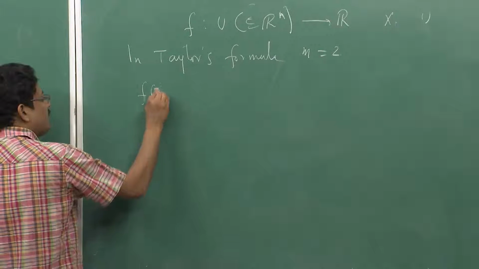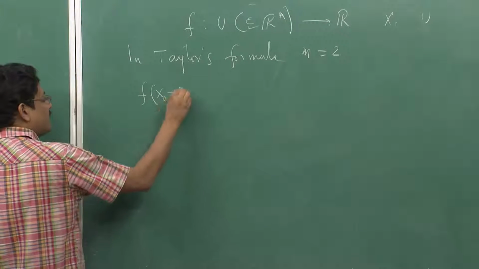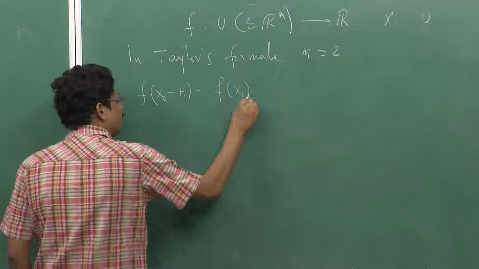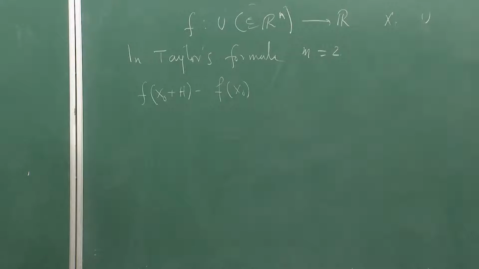So, how to write? Instead of y, I write f of x naught plus h minus f of x naught. What is that?